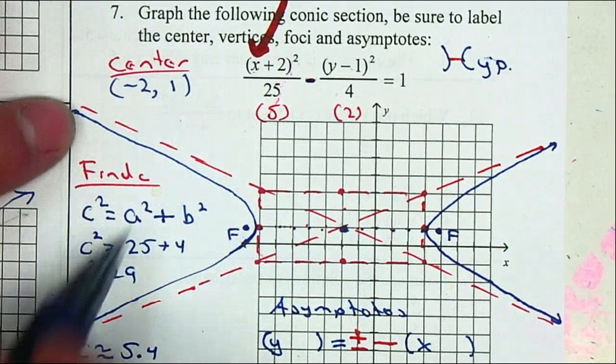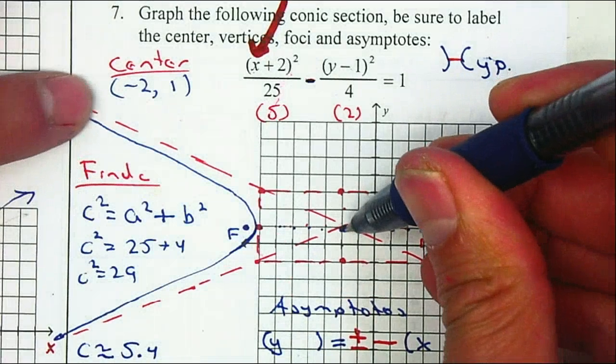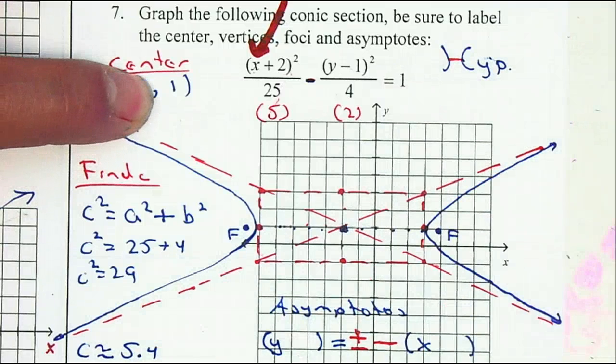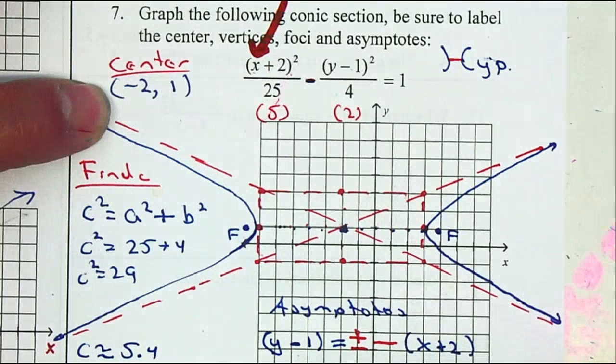We basically need to find a point that both lines cross through, which will be your center. So it'll be -1 for the k and +2 for the h.